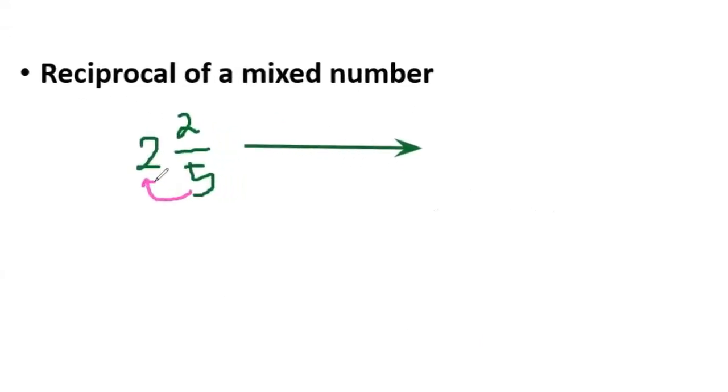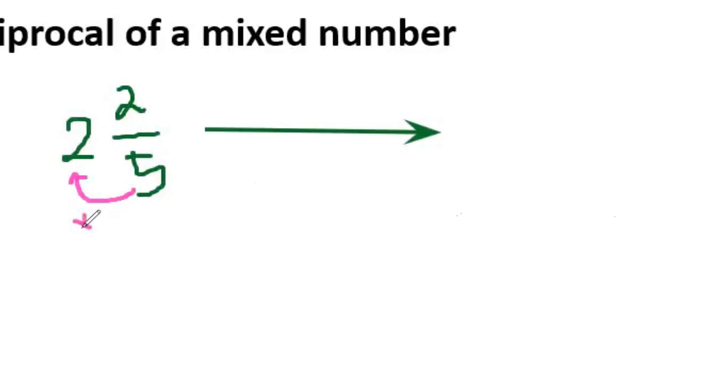So you multiply 2 into 5 is 10, and then you add these two, right? 10 plus 2 is 12. 12 by 5, the denominator will not change. 12 by 5 is the mixed number changed into an improper fraction.